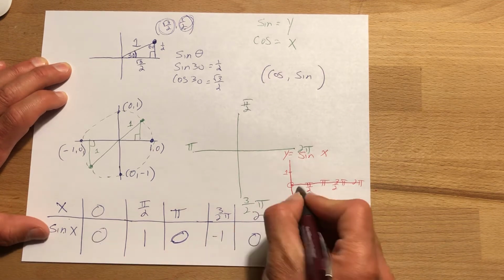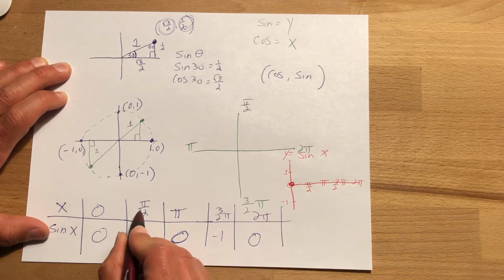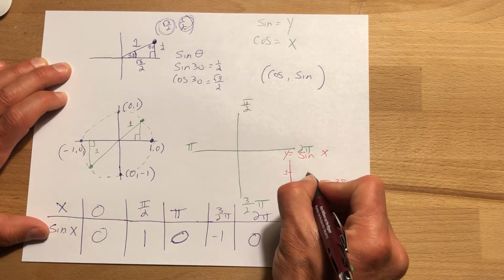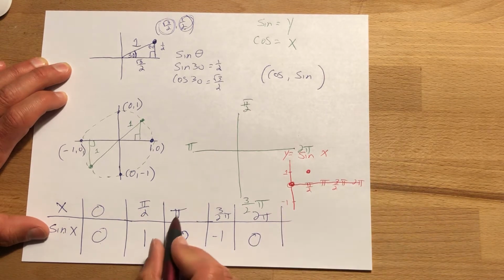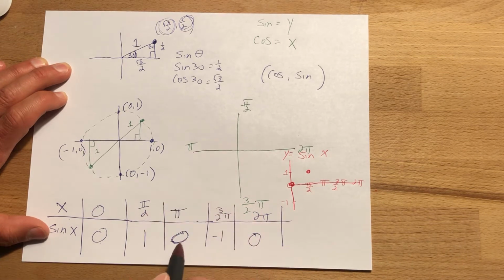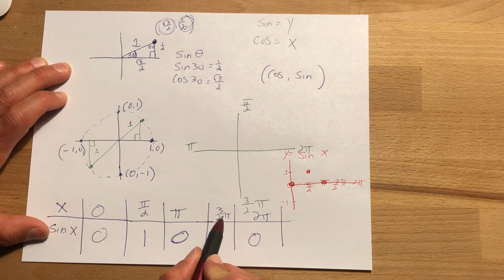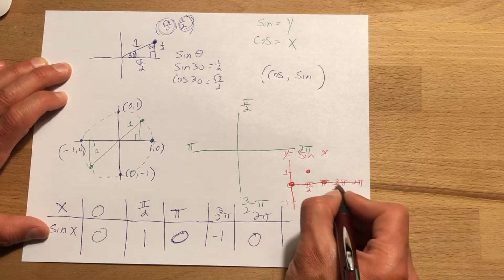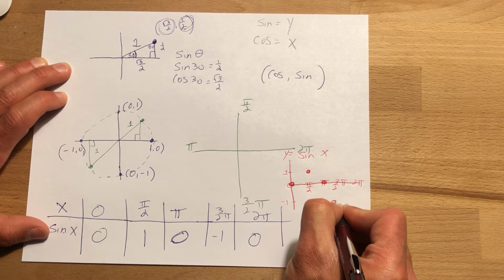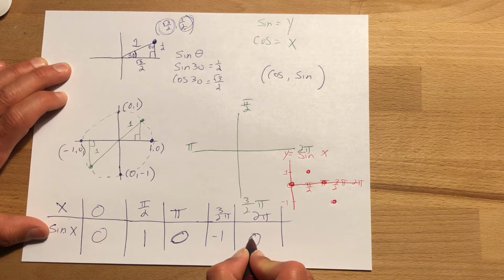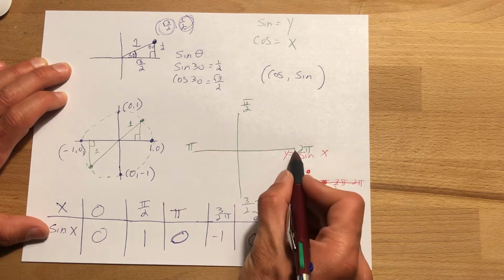At 0, I'm at 0. At pi over 2, I'm at 1. At pi, I'm at 0. At 3 pi over 2, I'm at negative 1, which is down here. And then at 2 pi, back right here, I'm back at 0.